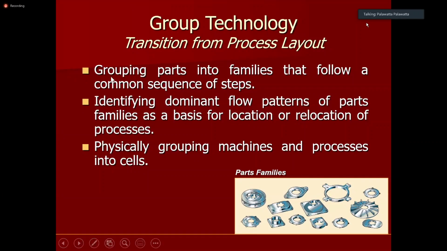So the method is grouping parts into families that follow a common sequence of steps, identify dominant flow patterns of parts families as a basis for location or relocation of processors, and physically grouping machines and processors into cells.